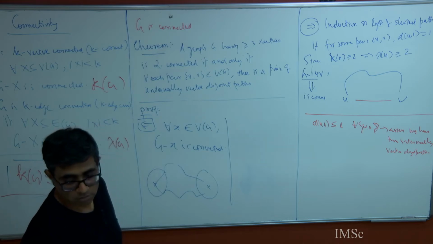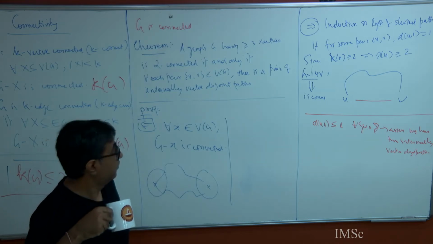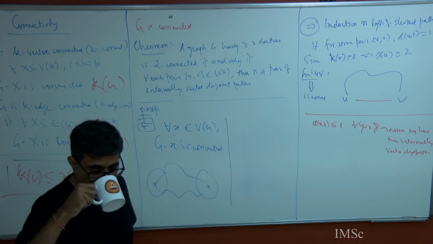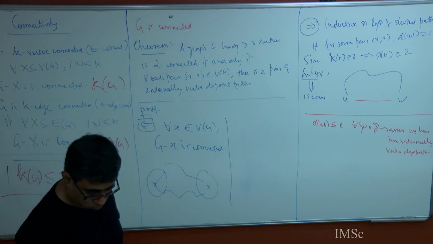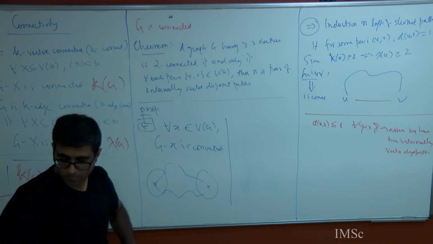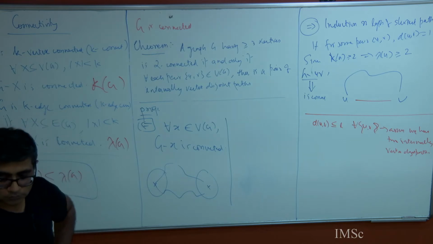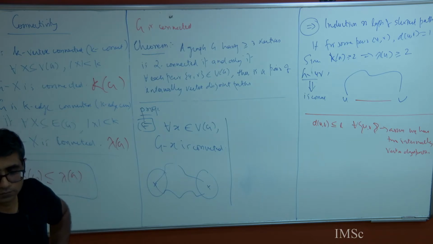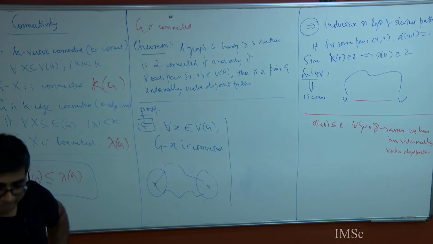So here we are showing the forward direction, right? Yes. If a graph is 2-connected, then there are 2 vertex disjoint paths between any 2 vertices. So in the induction, in the base case, for any u and v, and it is 2-connected.